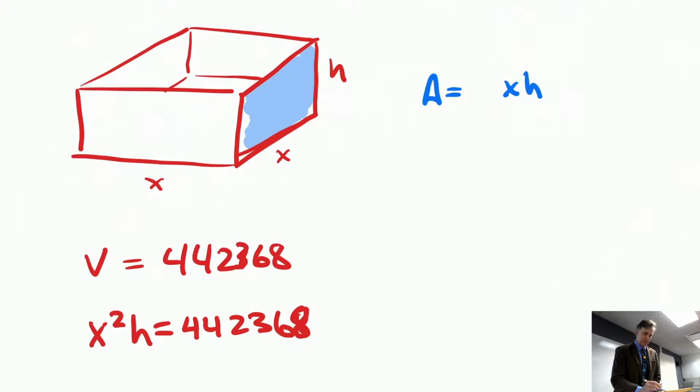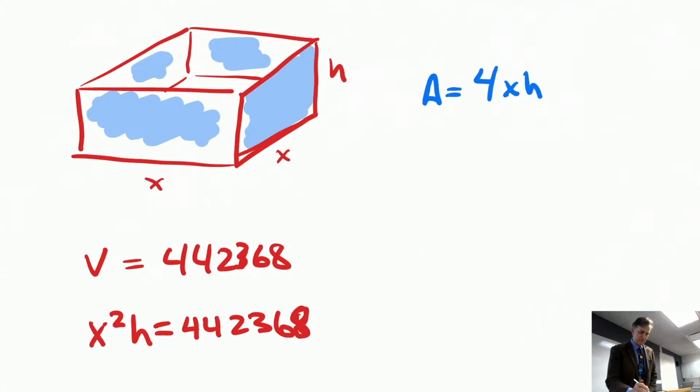So this piece here is also x times h. That one and that one, they're all the same, x times h. So I'll just multiply that times 4. And then the bottom, that you can't see very well, but the bottom there is going to be x squared. And that's the amount of material I need for this particular box. So far, so good. This one wasn't too bad so far.